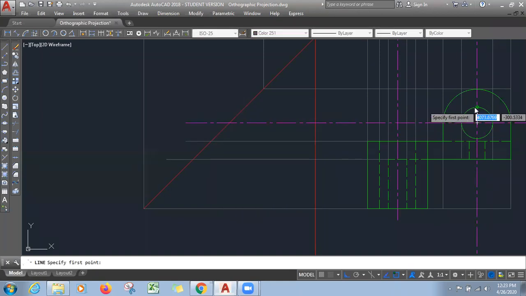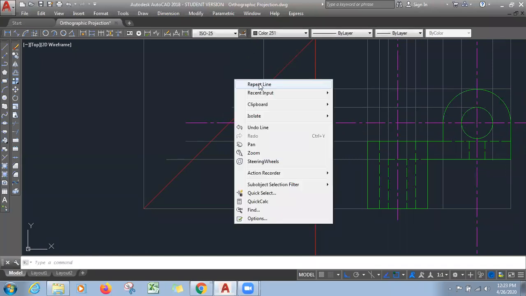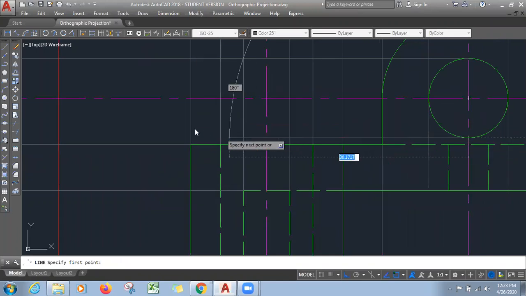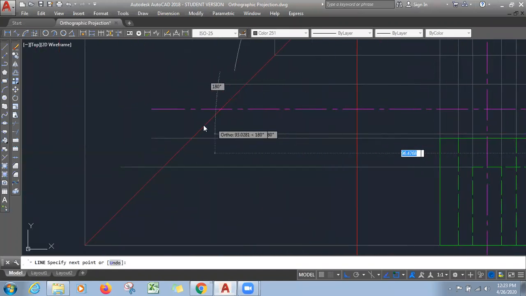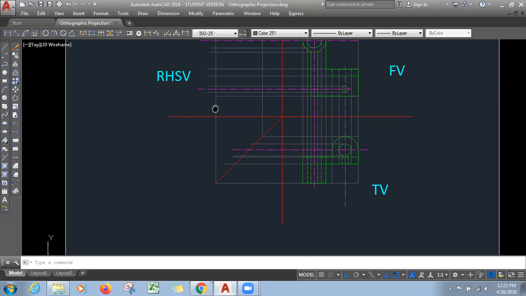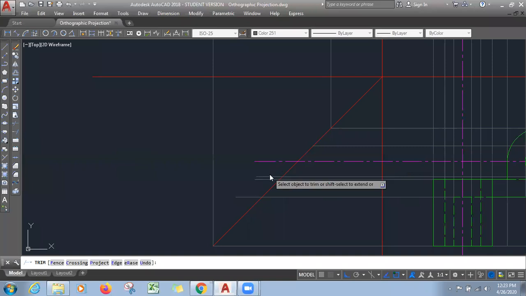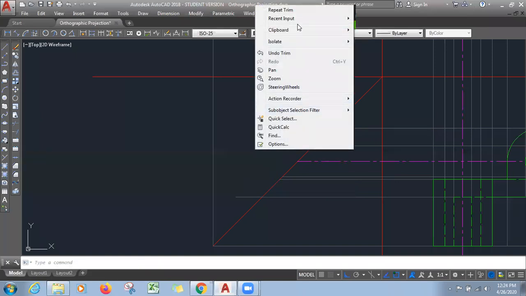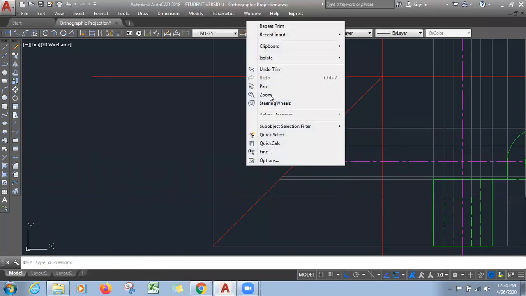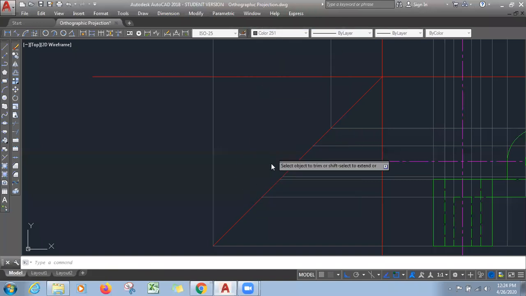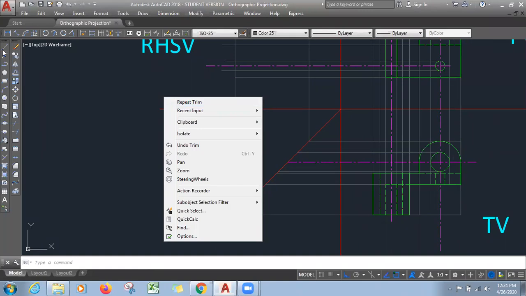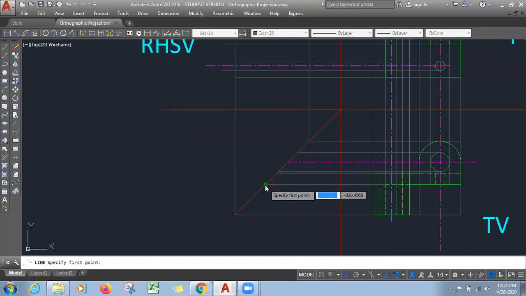Then this center line can be projected as it is. We will have projections for this circle. Repeat this thing. Now once we have this, trim the axis projectors which are here. Then what can we do? We can project these lines here.